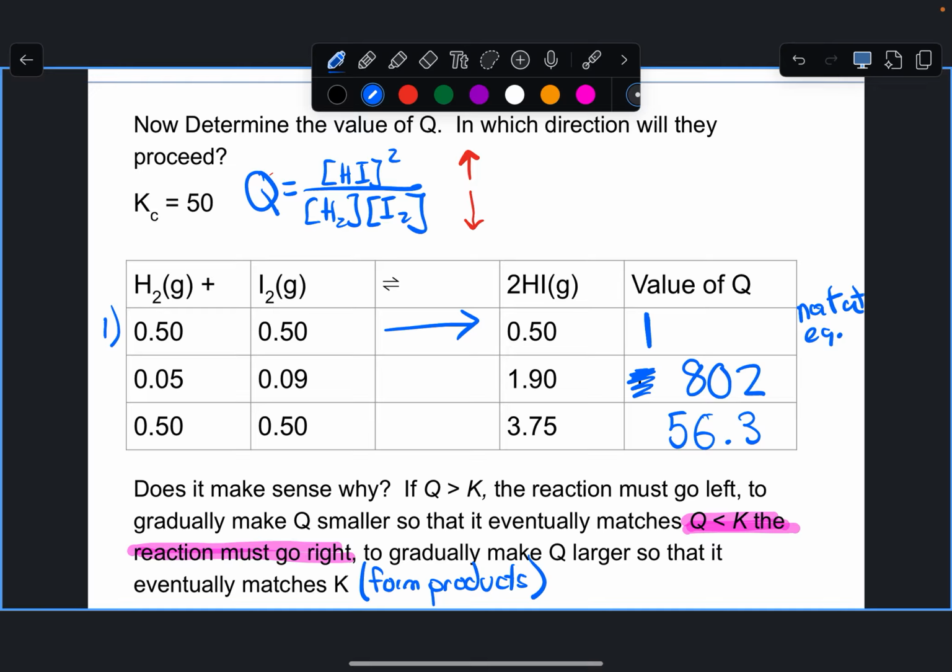So bring the top number down, bring the bottom number up, which means we need to proceed towards the reactant. So if Q is greater than K, the reaction goes to the left or towards the reactants.